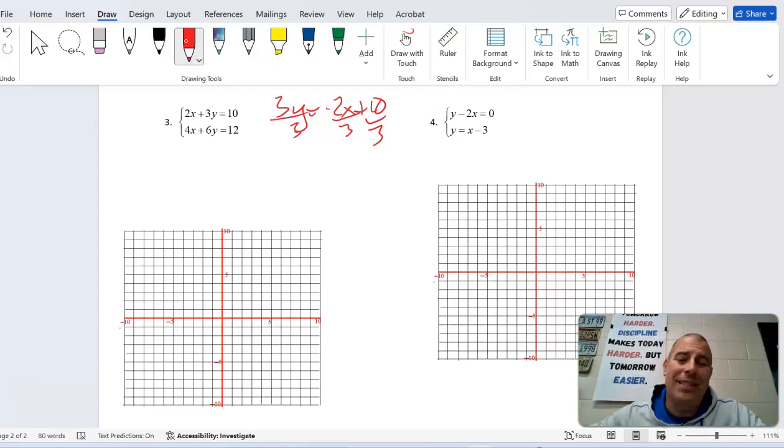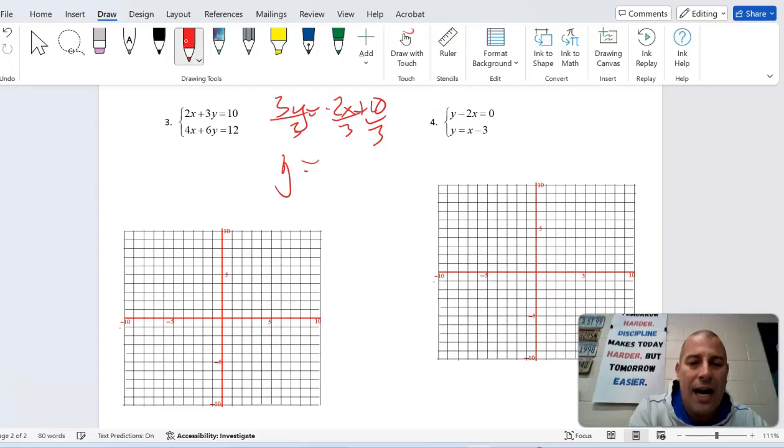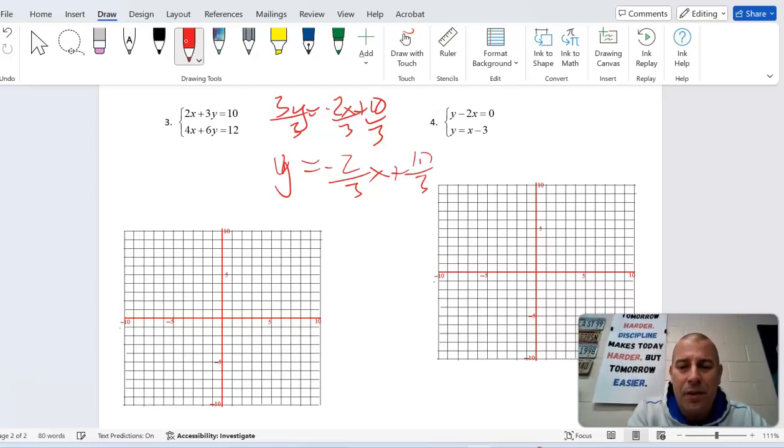Now, again, sometimes it's like, dang it, I got fractions. Oh, okay. We just kind of have to deal with it at times. So y equals negative 2/3 x plus 10/3. Now, 10/3 is 3 1/3, so we're going up 3 1/3.